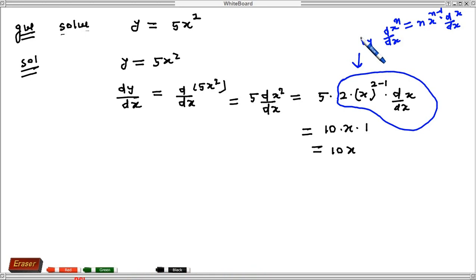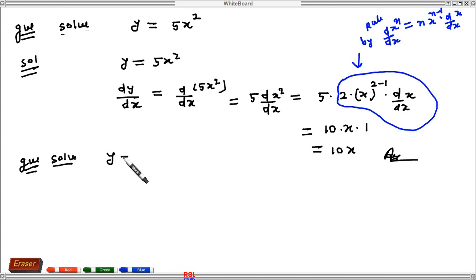Now we will move to the next question, that is differentiate 5x to the power 5.